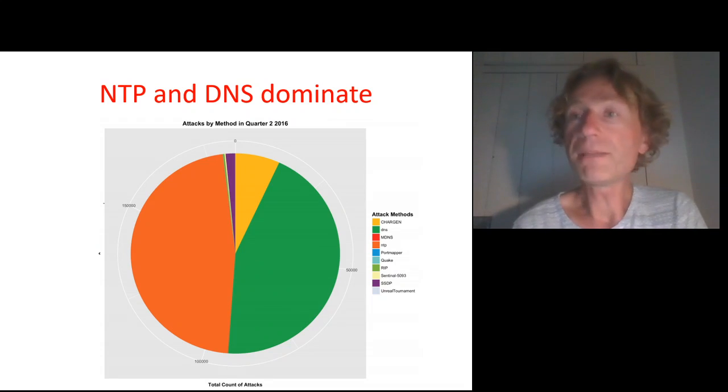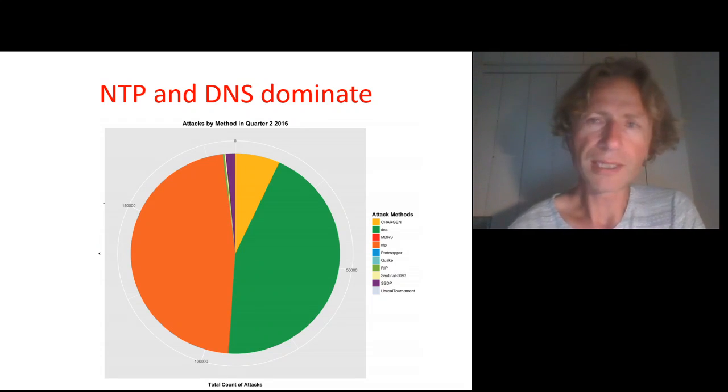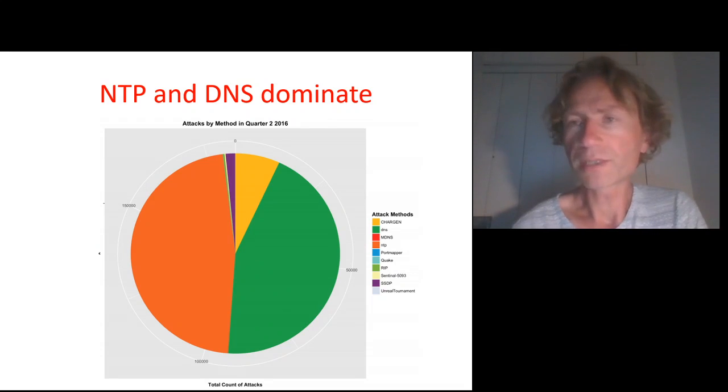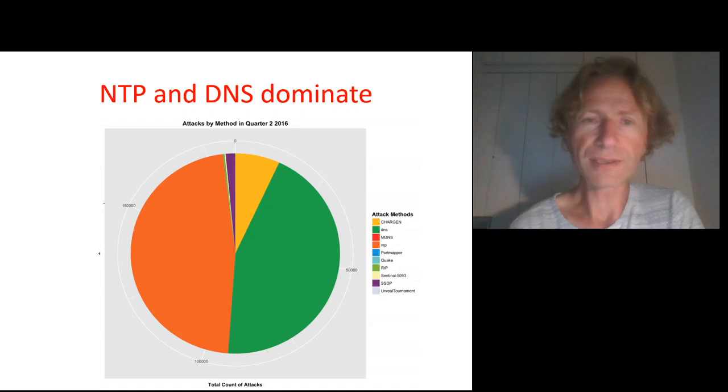The main protocols that were used in practice were the network time protocol and DNS, because DNS also has a decent amplification factor. Some legacy protocols like Chargen were also used, and there were some other ones, but it's by far dominated by the network time protocol and DNS.